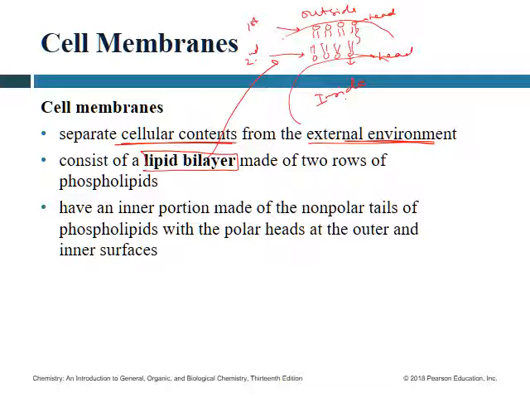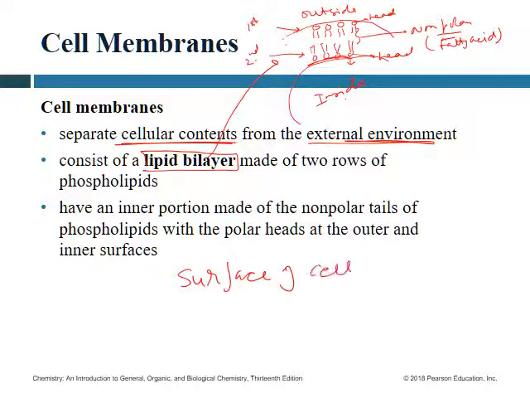So that means the center of the cell membrane is non-polar. Why? Because in the center of the cell membrane you always have just fatty acid chains. So that makes the middle of the cell membrane non-polar, whereas the surface of the cell membrane is polar, right? Because it has a polar head which is made of phosphate.